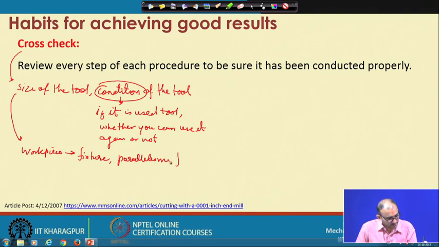So, that is the flatness. Right. Then you have to see whether it is completely clean or not.